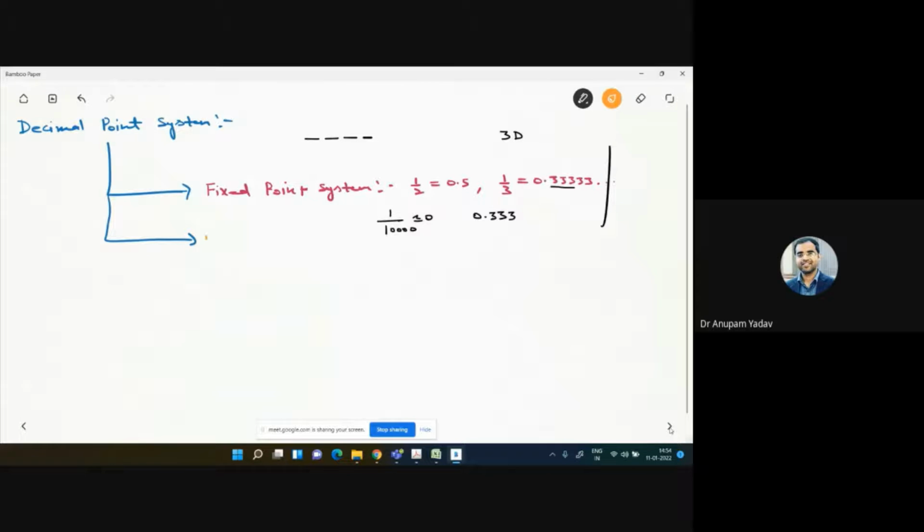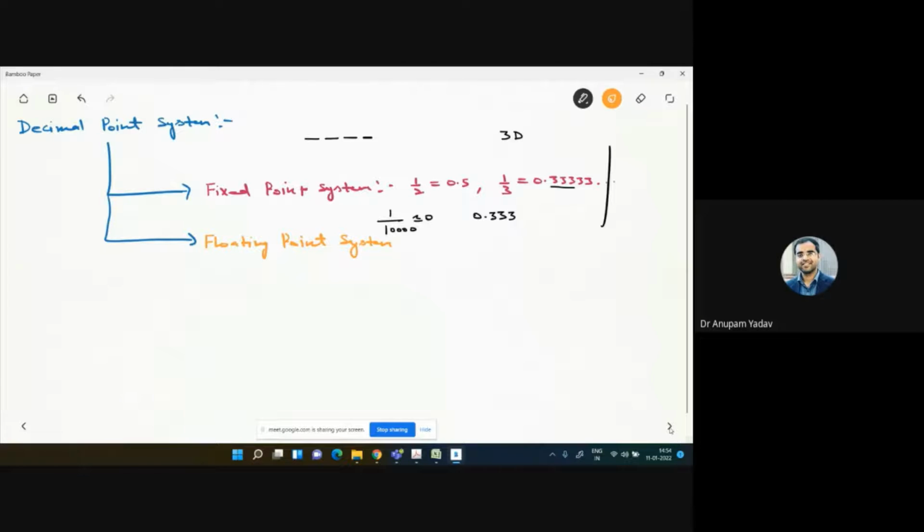This is what I'm saying, floating point system. So what is the floating point system? It is a system where we denote the same number in a scientific notation.